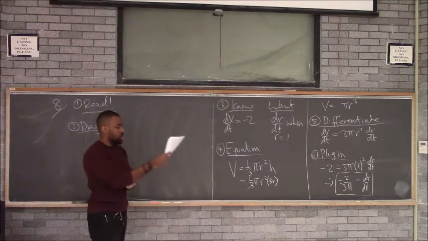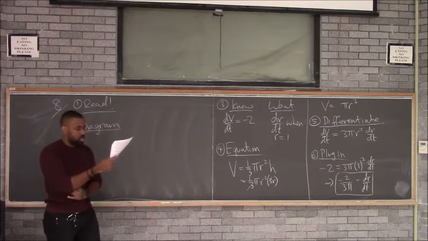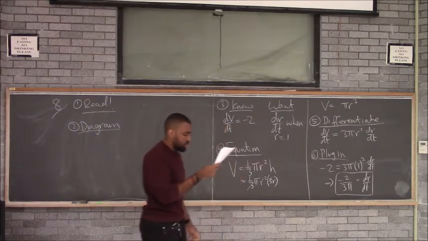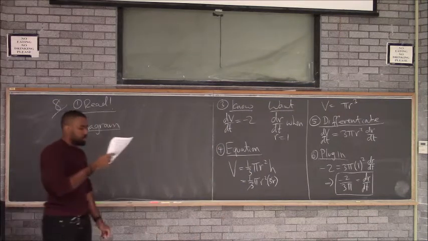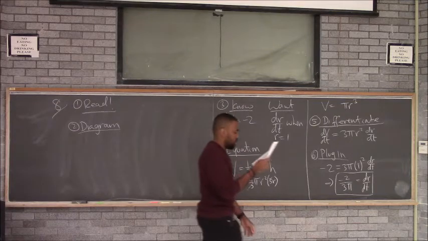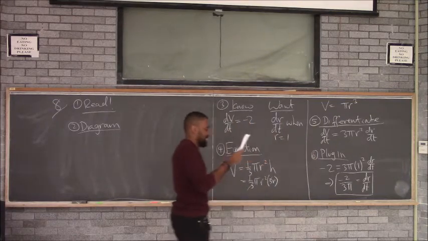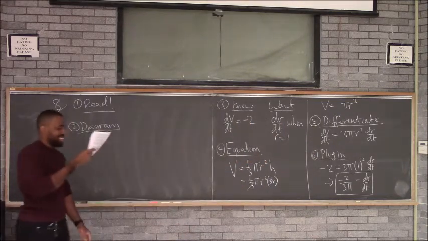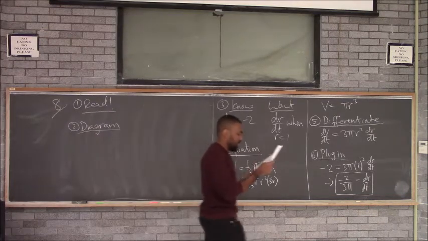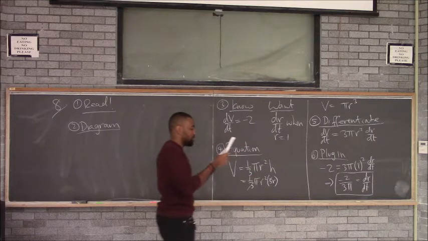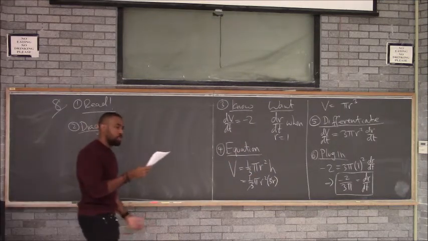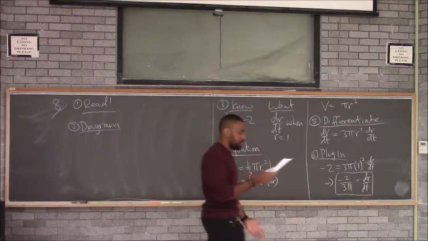A man walks along a straight path at a speed of 5 meters per second. A searchlight located on the ground is 16 feet from the path. We start focused on the man. At what rate is the searchlight rotating when the man is 12 feet from the point on the path closest to the searchlight? Now, of course, we measure closest distance by perpendicular distance. That's what that means.